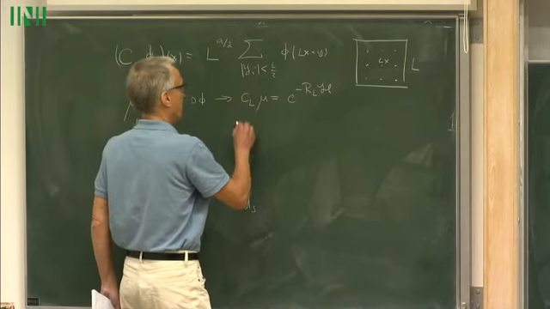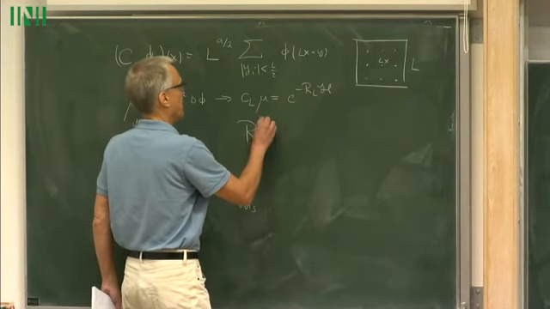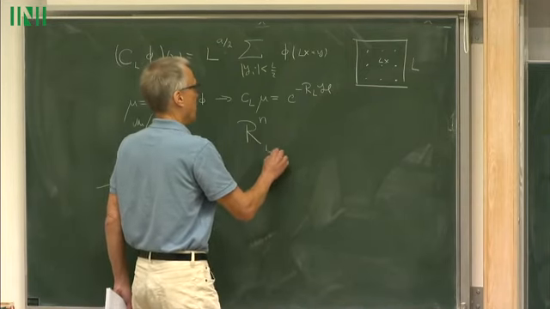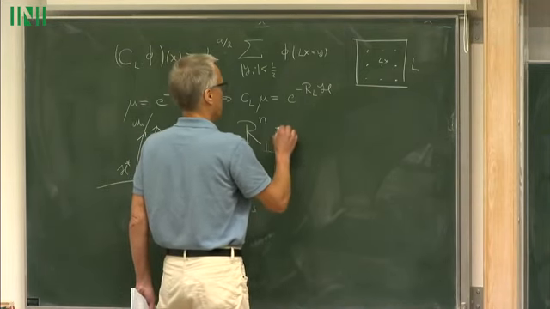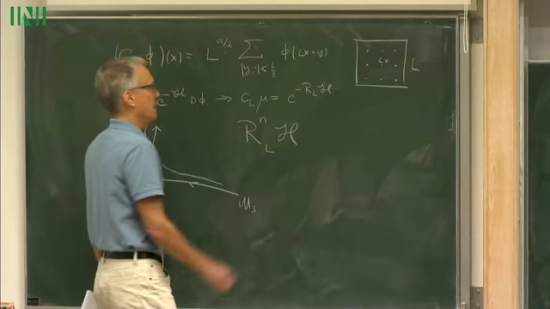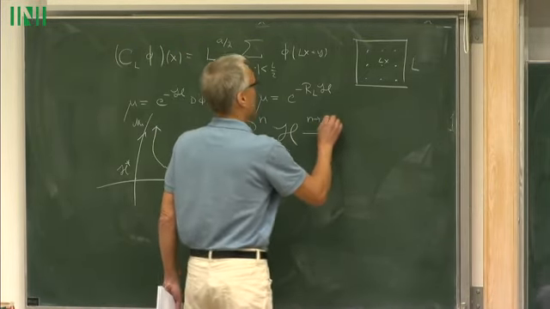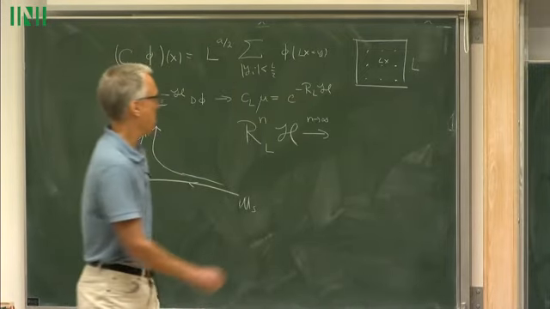So to solve the problem of infrared behavior was to understand what happens when you are given some model, what happens to some Hamiltonian as n goes to infinity when you iterate it many times.